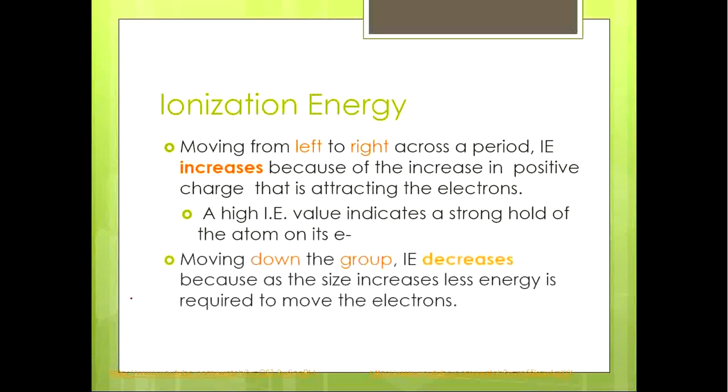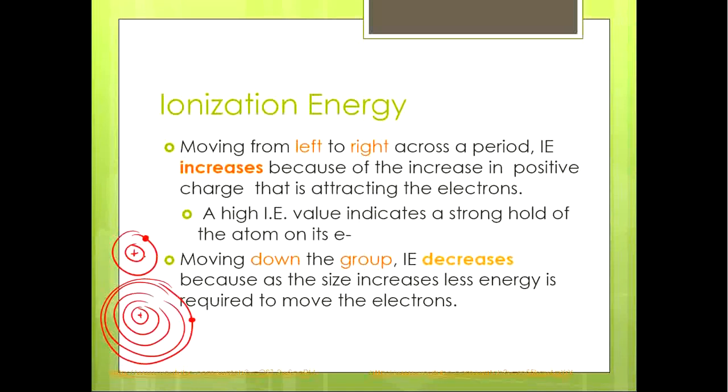Moving down the group, ionization energy decreases. Because think about it, as the size gets bigger and the valence electron is further away from the nucleus, then first of all, the attraction is weaker, and it's easier to strip that valence electron away from that atom.